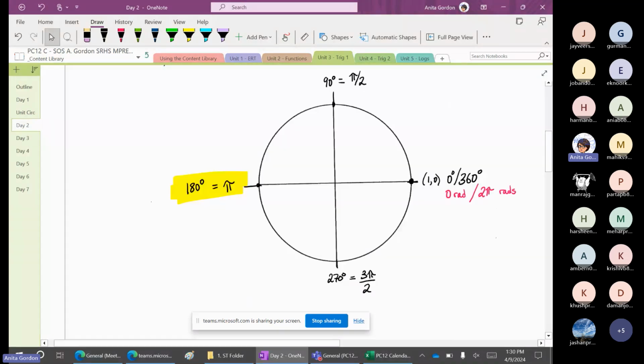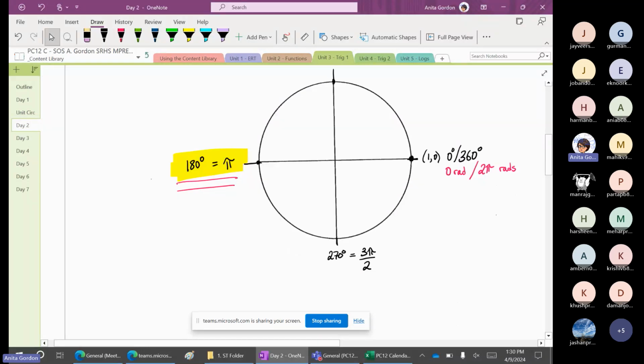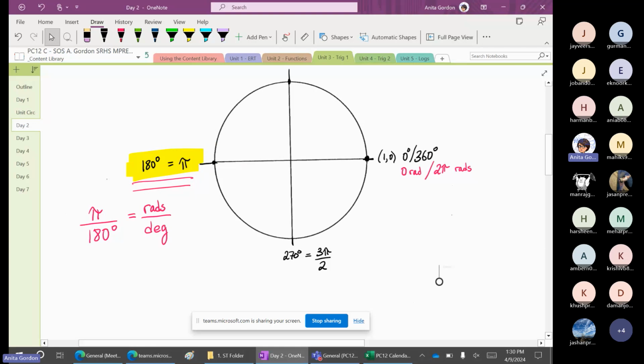Because this is true, that means I can set this up like this. I can say pi is 180 degrees, which means I can set up any fraction with rads on top and degrees on the bottom. And then I can use cross multiply and divide in order to find any form of degrees or any form of radians, because I know that the ratio of pi and 180 is true.